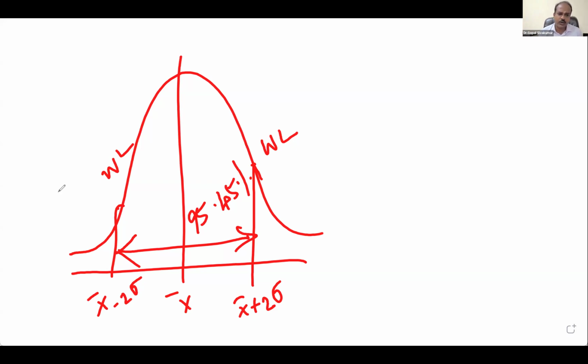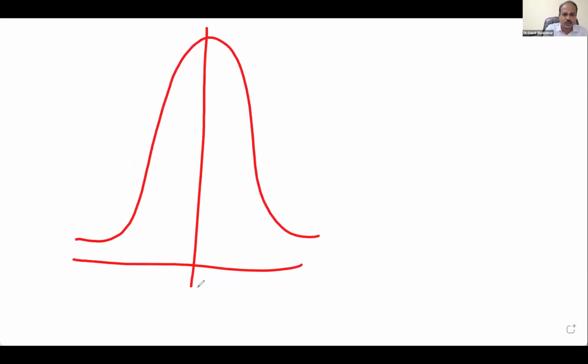Suppose I don't want to go up to the warning limit. Let's say I only wanted to understand what's happening only up to this point. And this point is X bar plus 1 sigma, and this point will be X bar minus 1 sigma.